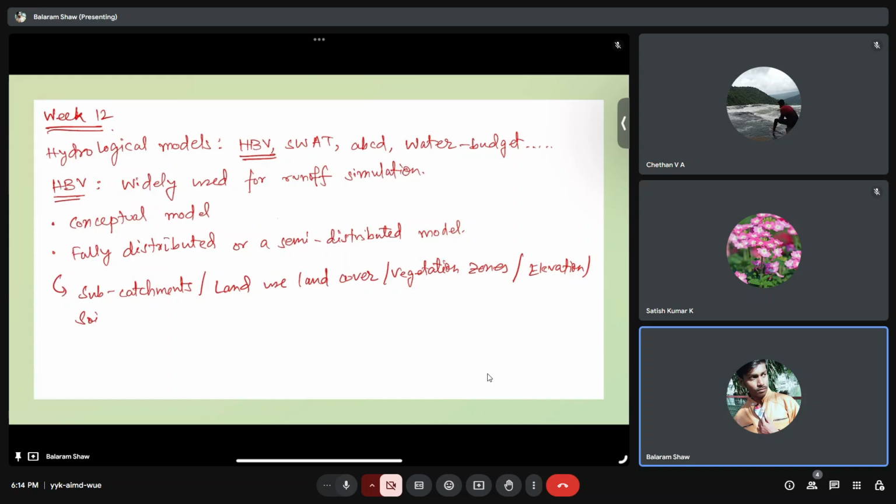Based on several catchment properties, we can classify or reduce the size also. In that case, it will work as a fully distributed model.